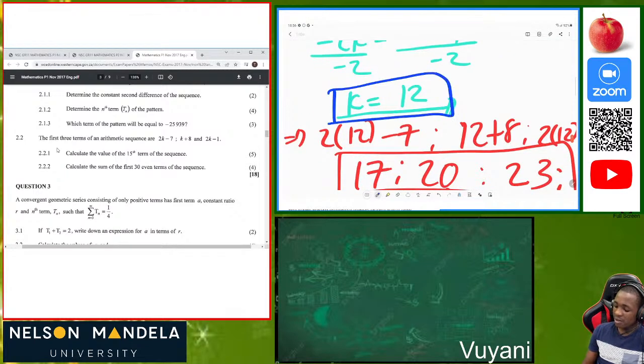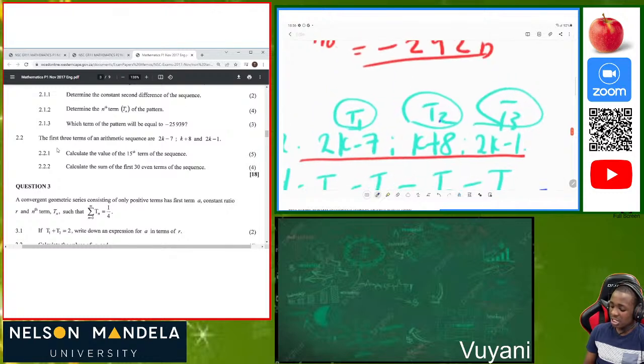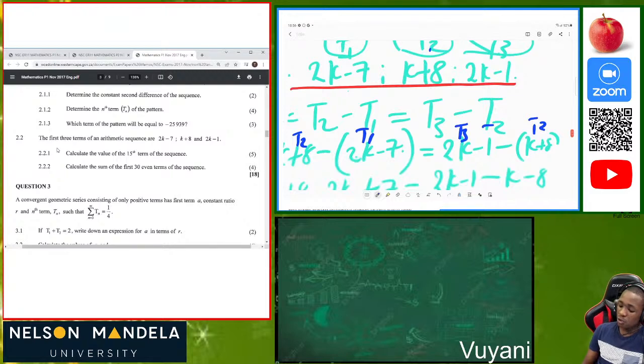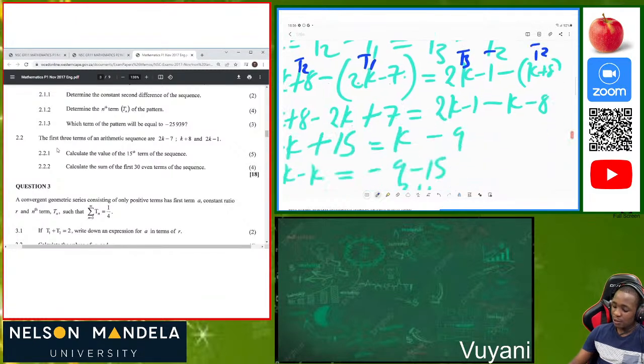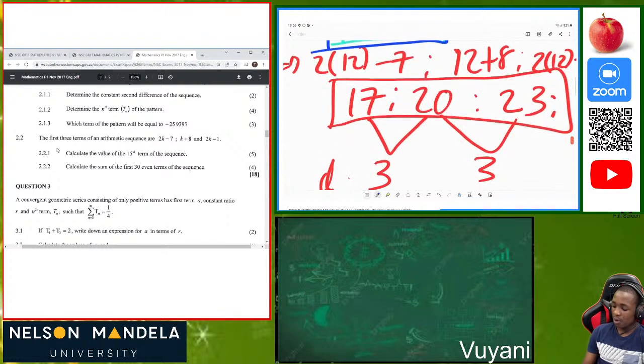Then after I found the value of k, I substituted it in the original sequence we were given so that I can only have numbers and remove the algebraic letter k. So 2 times 12 minus 7, I got 17. Then 12 plus 8, it's 20. Then 2 times 12, it's 24 minus 1 is 23. So those are my terms now of the sequence.